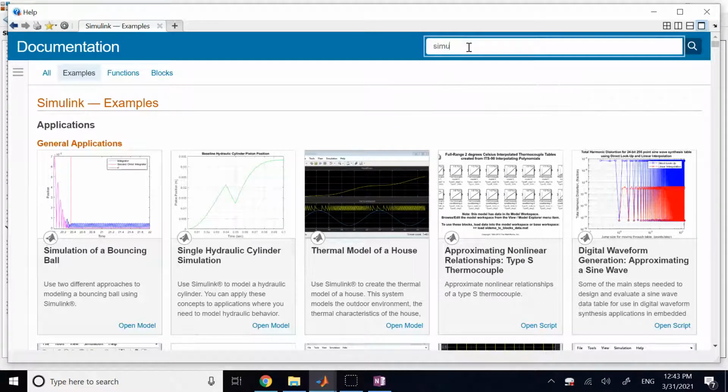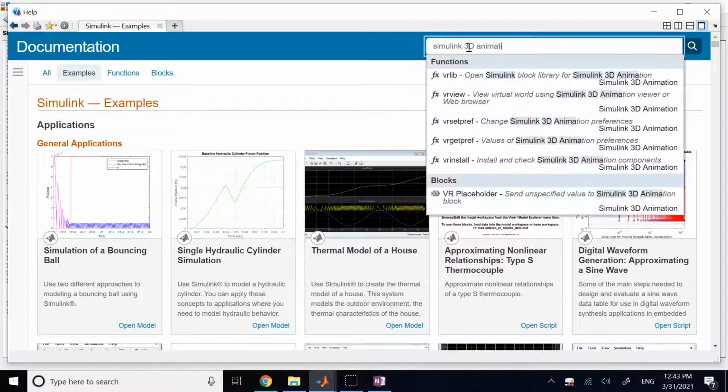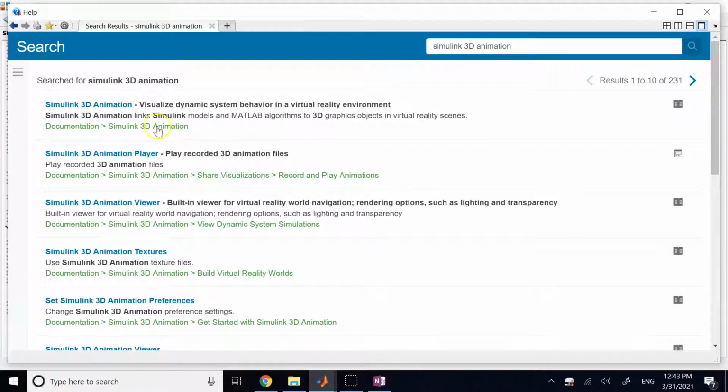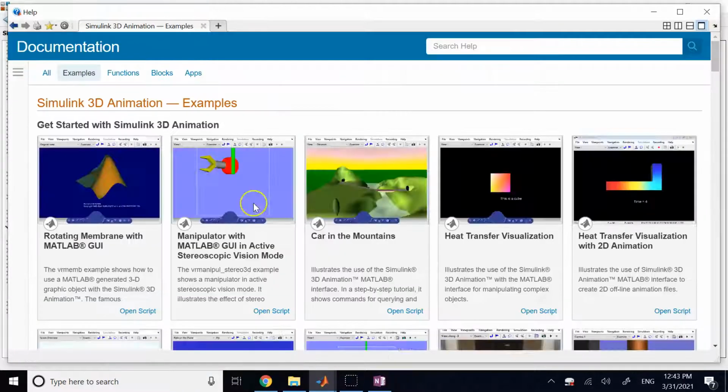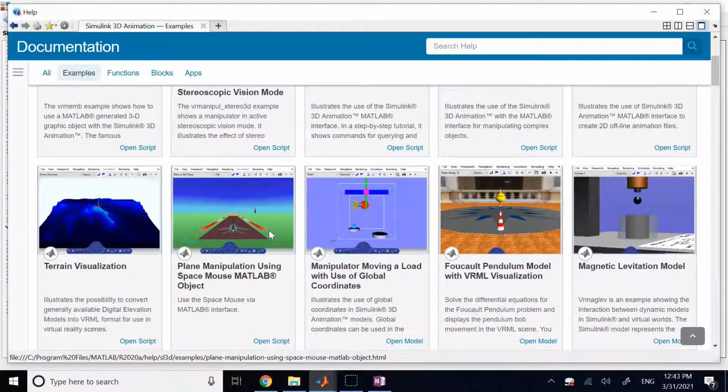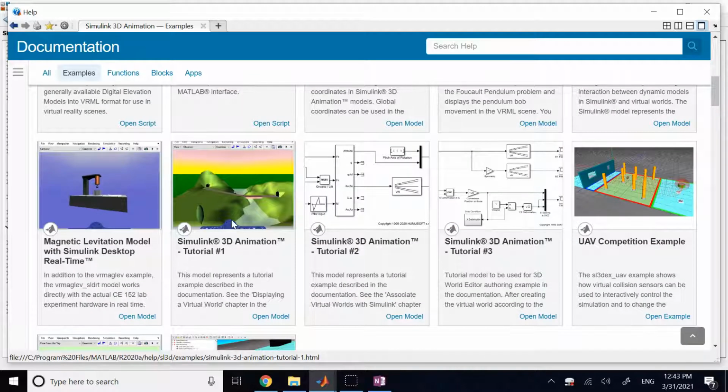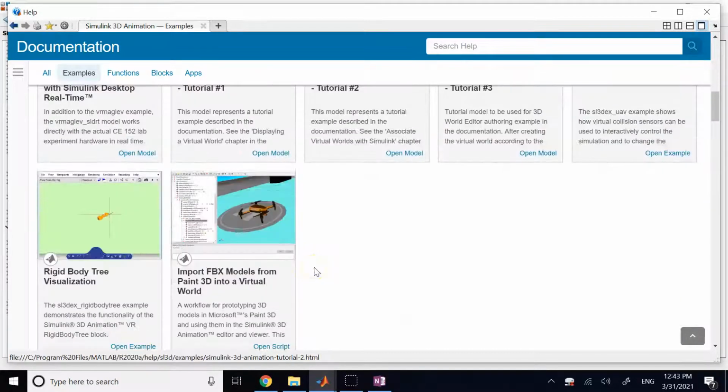Simulink 3D animation. This is really like making movies. Okay, and here, let me see if I can show you. Here is the fly of an airplane. That is really nice. Magnetic levitation.